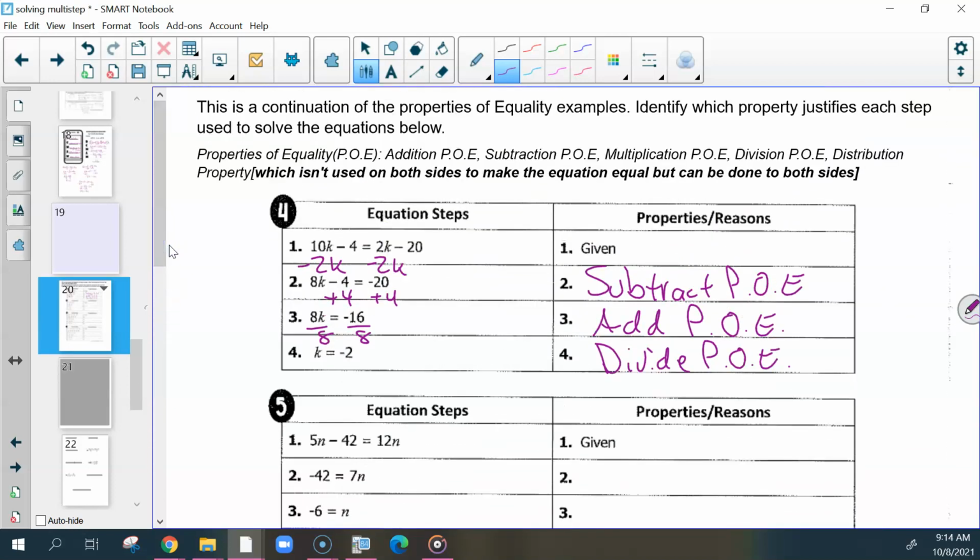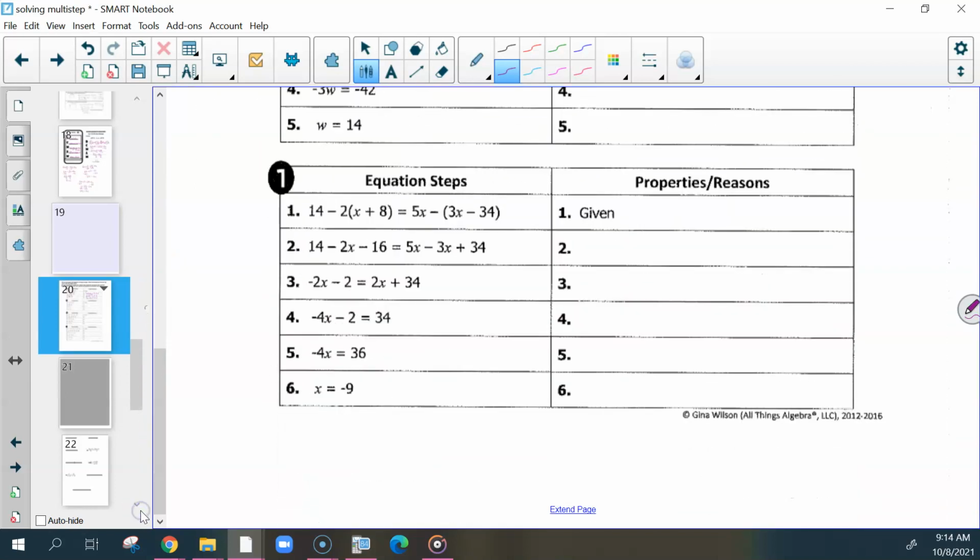We're going to do number 7, because that one has a lot of steps. So step 1 was given. From step 1 to step 2, what did they do?